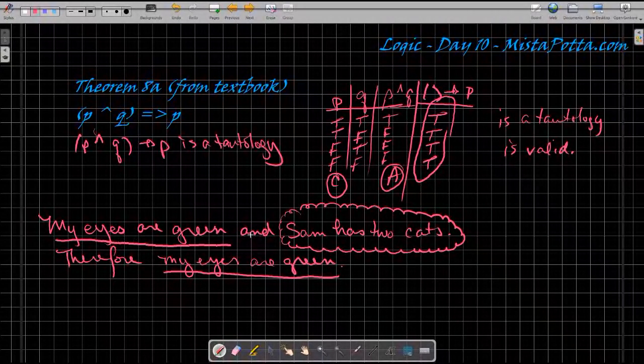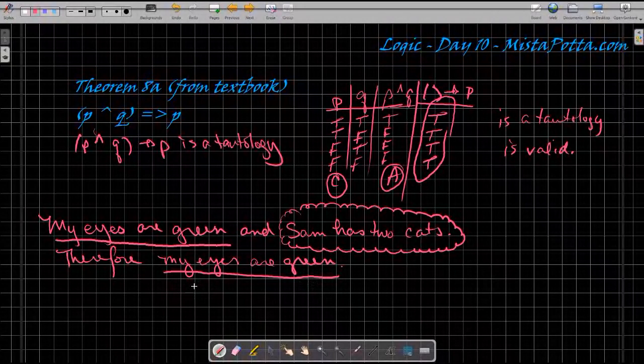Because a conjunction is a statement that is only true if 2 given statements are true. My eyes are green, and Fred has $1 million. My eyes are green, and the sky is purple. It really doesn't matter what this second statement is, because I'm trying to conclude the first statement is true.